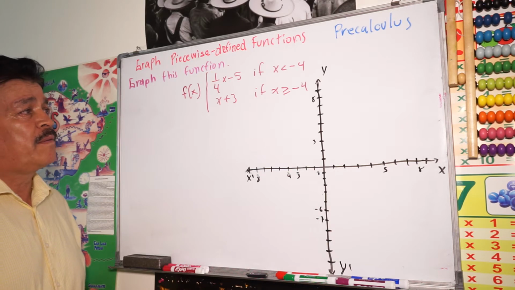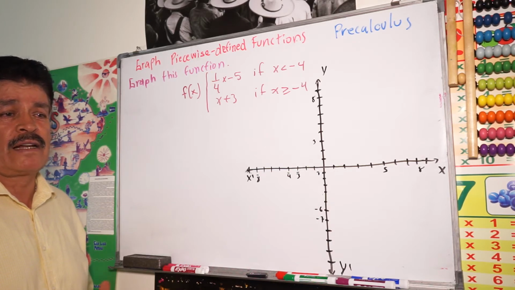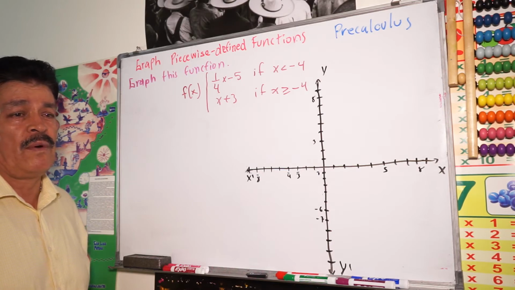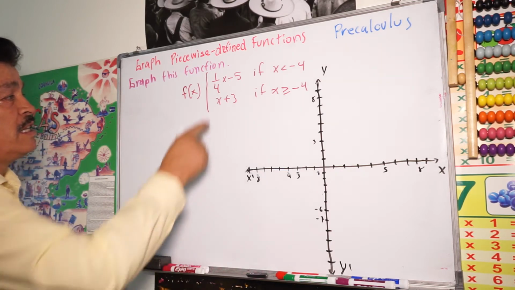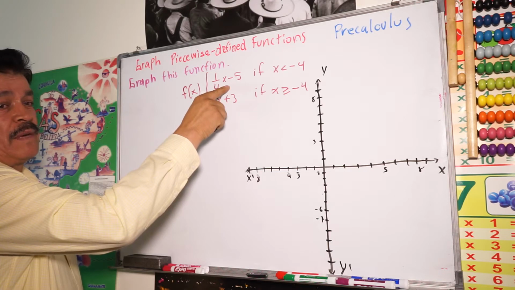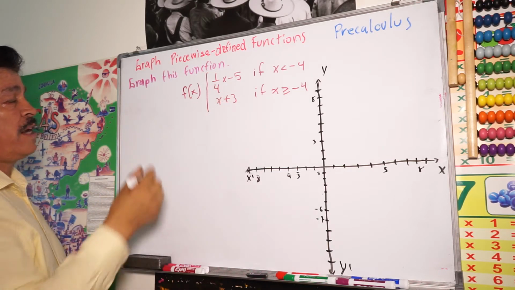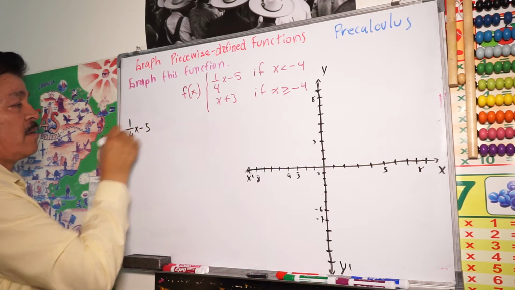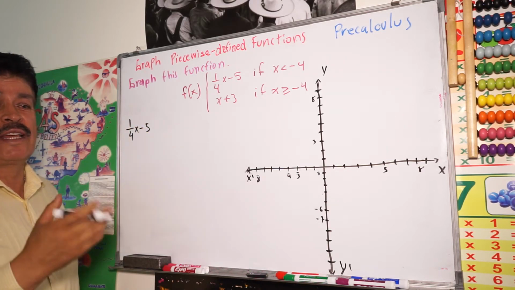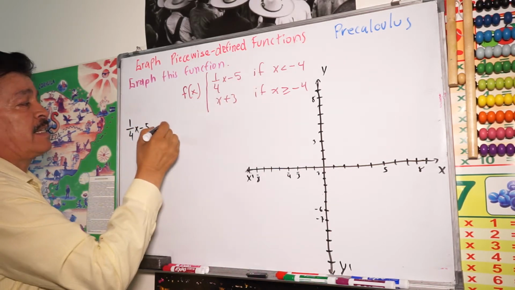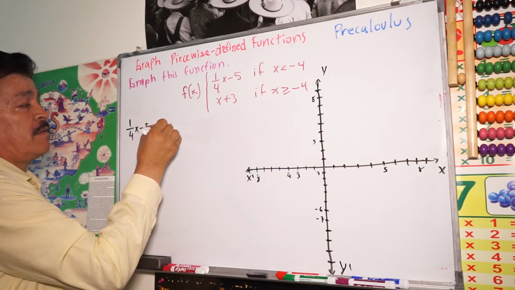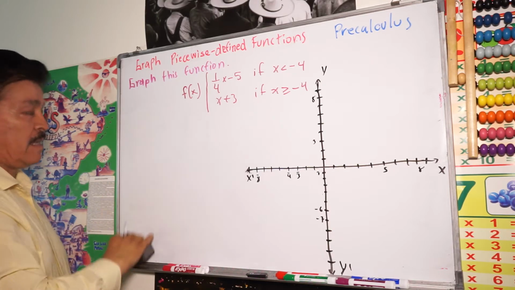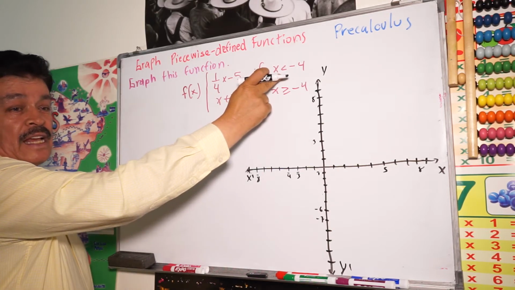So in this problem, I want to start with one piecewise expression, for example, the expression 1/4 x minus 5, right? On the interval x less than negative 4.